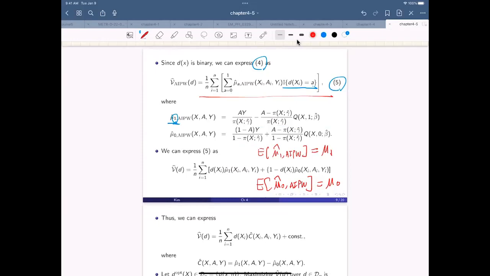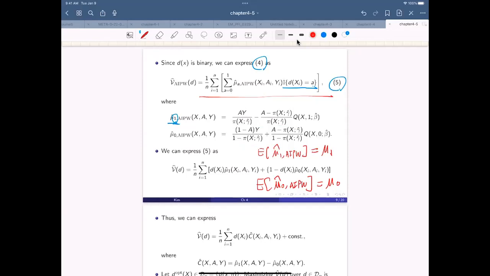Same way for the expectation of the A, right? The PS second term will be 0 in expectation, and so this one will cancel. So that's what you get. Same thing here.